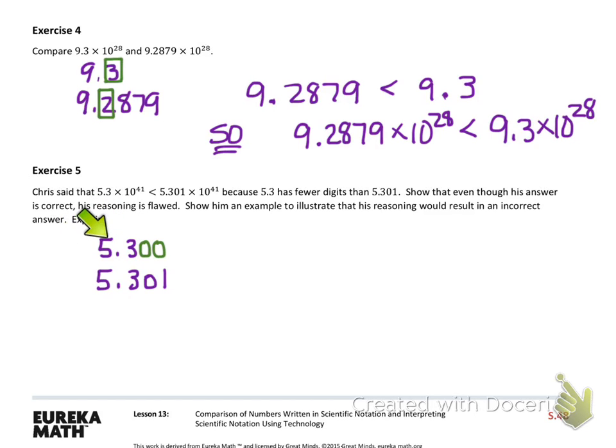So now I can see clearly how to compare these two numbers: 5.300 is less than 5.301 because I follow it out. These digits are the same, these are the same, these are the same, and then finally I hit one that's different. This one's bigger, and so this whole number is bigger.